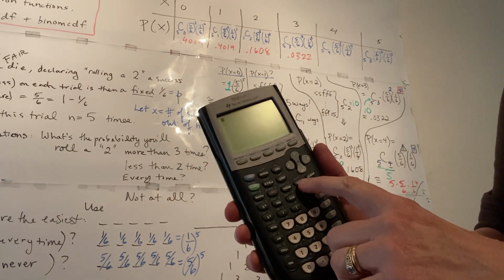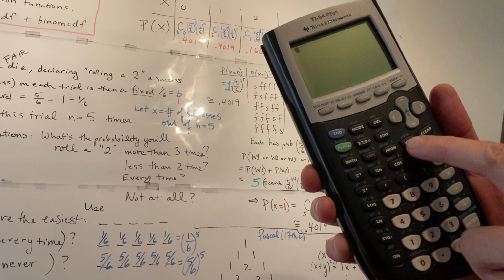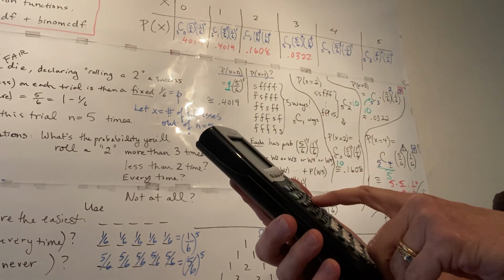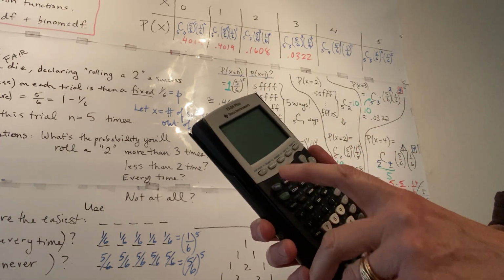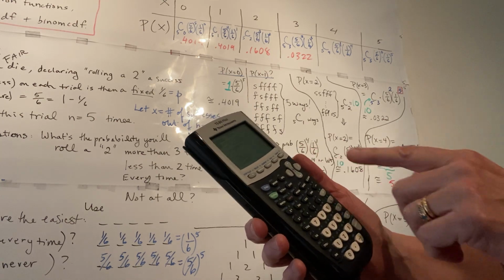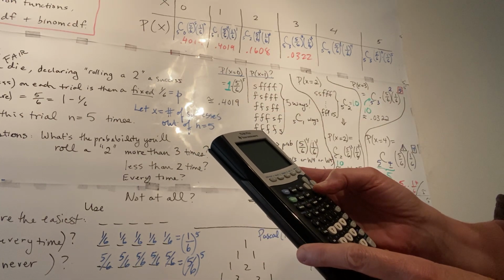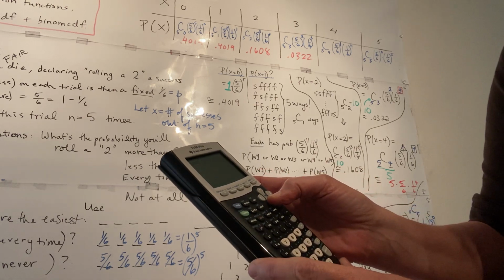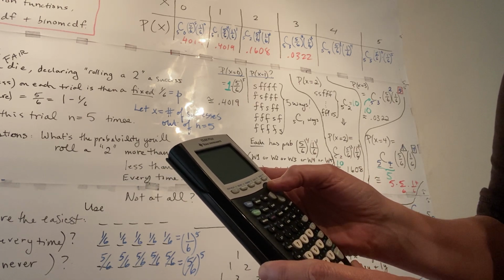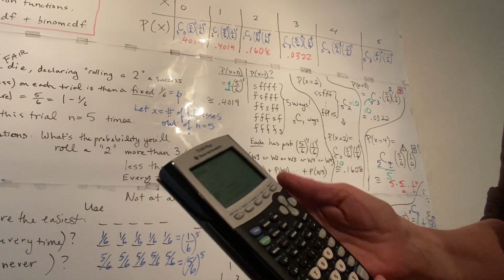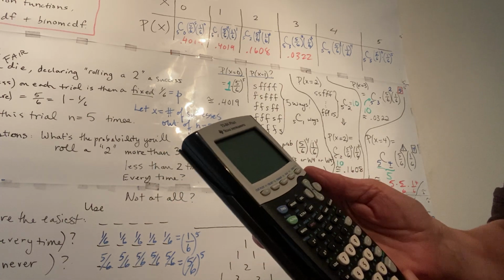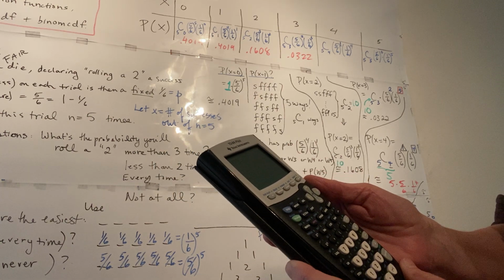That's under distributions, which is in blue. So we press second function, distributions. And it's giving us a whole bunch of distributions. Normal, we might get to normal next week. Binomial probability distribution function. That's binomial PDF.